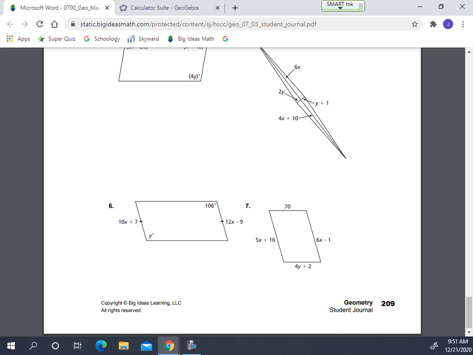Last one. Again, opposite sides have to be congruent. So 5x plus 16 has to be equal to 6x minus 1. So 17 has to be equal to x. That one was quick. For y, we know that 70 has to equal 4y plus 2. If I subtract 2, I get 68 is equal to 4y.